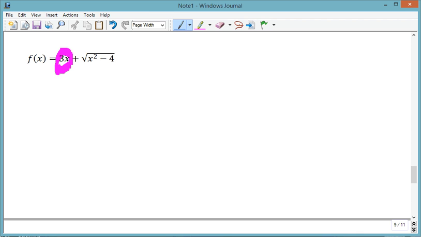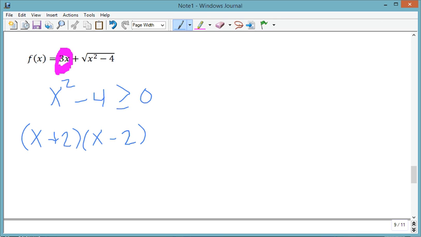So you can ignore it. We're only going to look at things that either are under a radical or have a denominator. So I just take what's under the radical, set it greater than or equal to 0. I can factor this. Difference of squares, right?